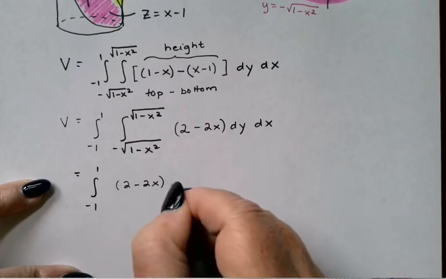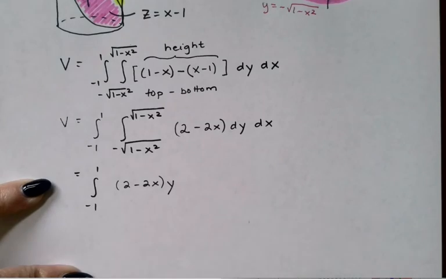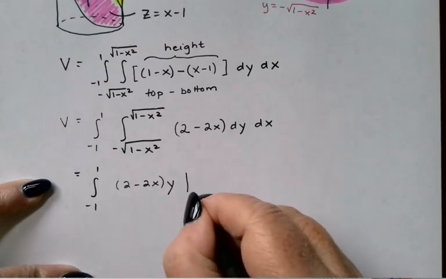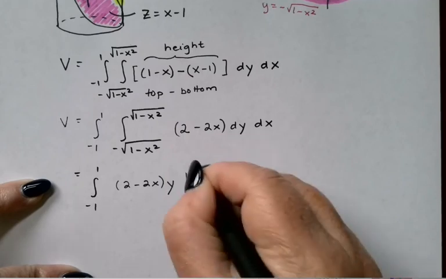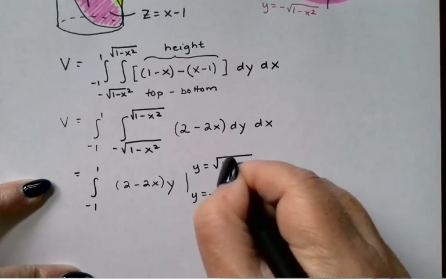So 2 minus 2x times y, evaluated from y equals the negative square root to y equals the positive square root.